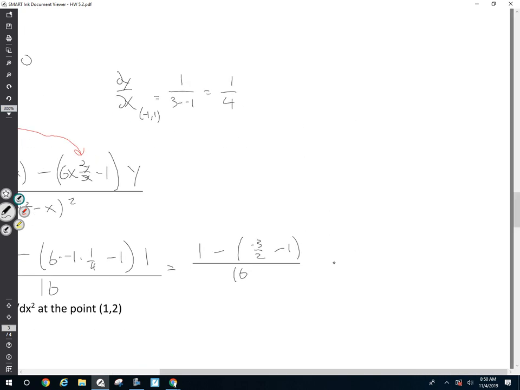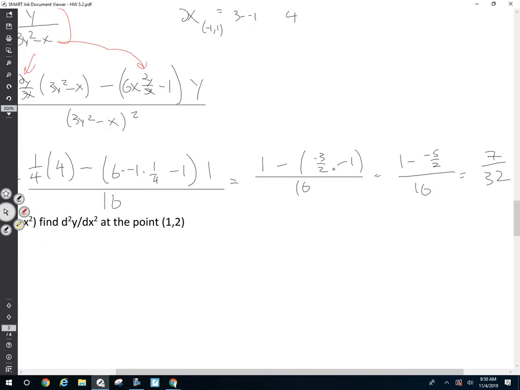Which is minus 5/2. Seven halves over 16, 7 over 32. That's our final answer. Okay. I hope I did my calculations correct. I might not have.